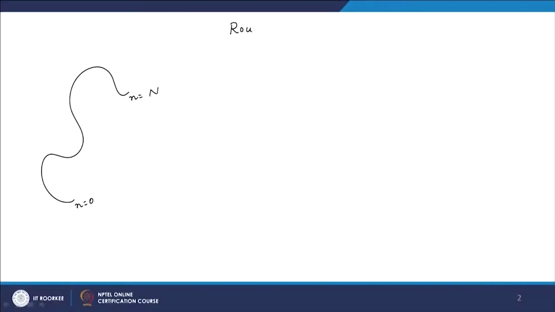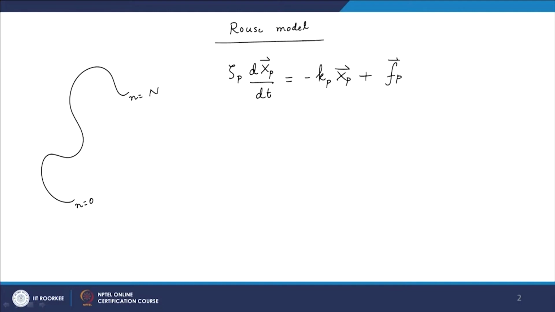I am not writing the partial differential equation, but the one dimensional analog that we have been working on is something of this sort, where we have obtained the value of zeta p in the last lecture.